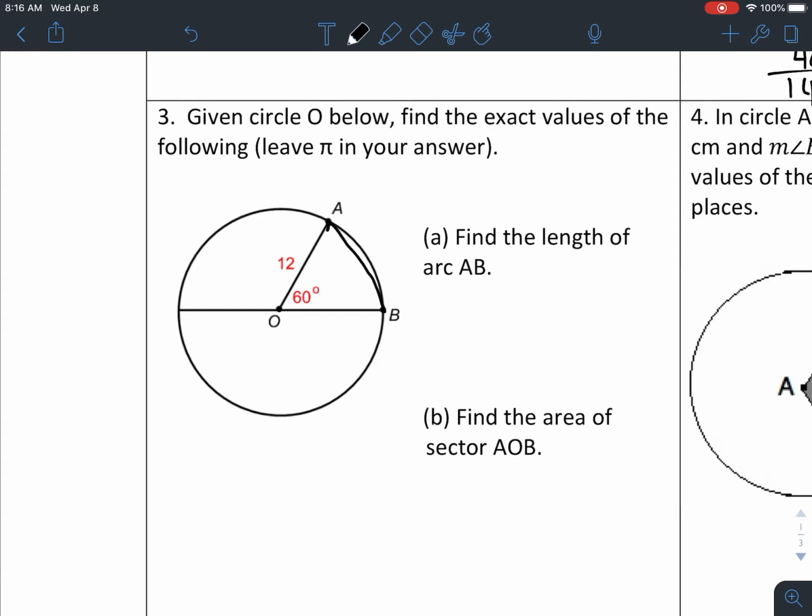That's an area segment. Nope, I don't want that. Sorry guys, give me 1 second. I'm just scrolling through the notes. That was not there.